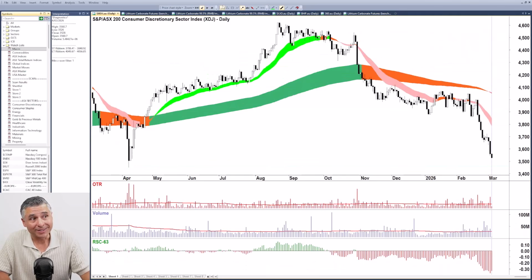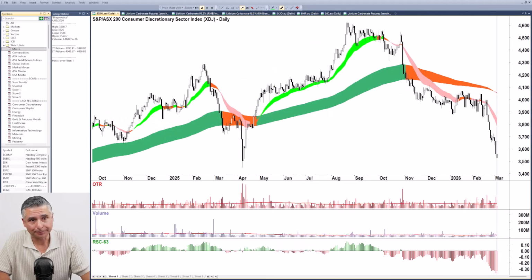Looking at some of the local indices now, again, we've talked about the ASX risk management model, but within our market, are there sectors which are still well placed to outperform? And I put to you that consumer discretionary is not one of those sectors. That is a clear downtrend. That is breaking through the long-term trend ribbon, coming back up, testing it. The ribbon is amber.